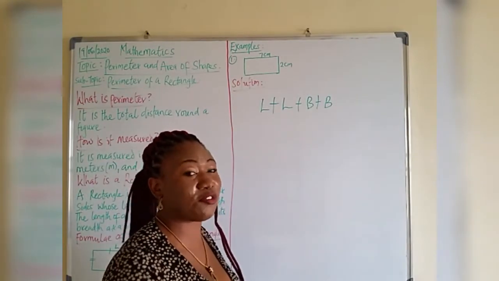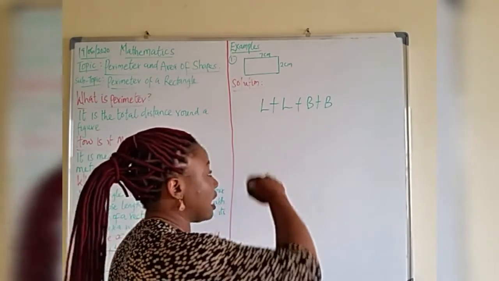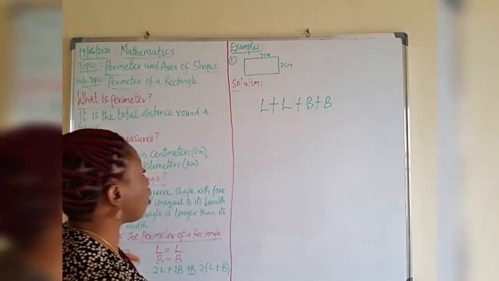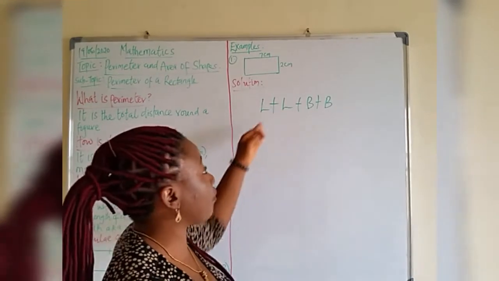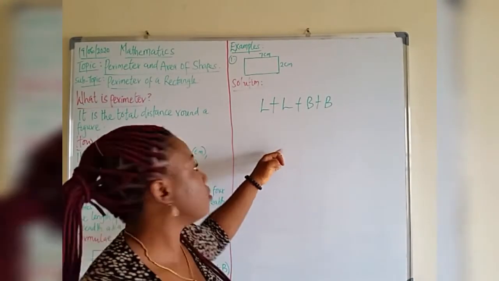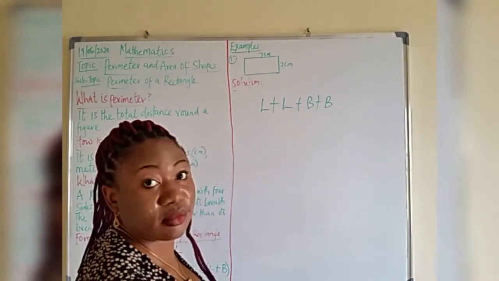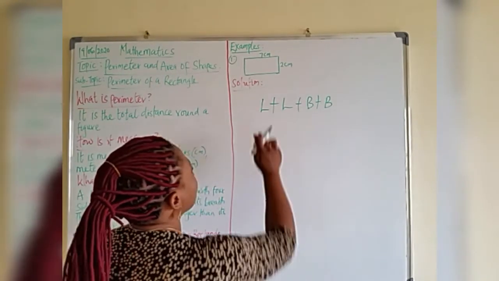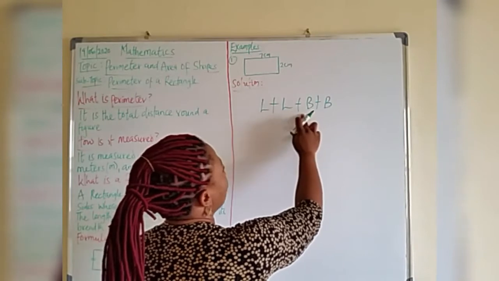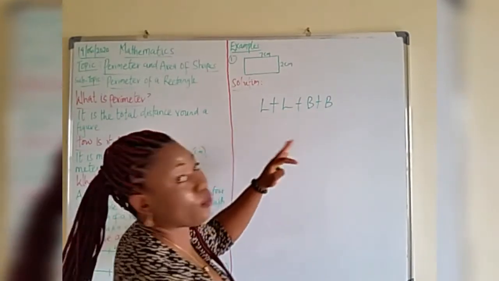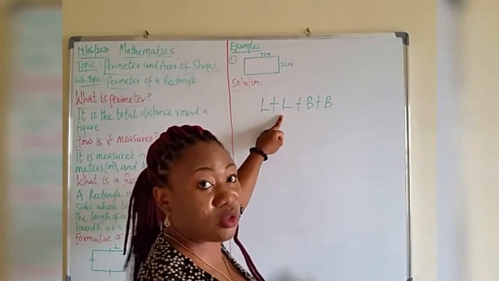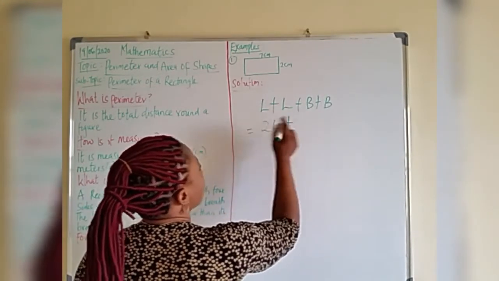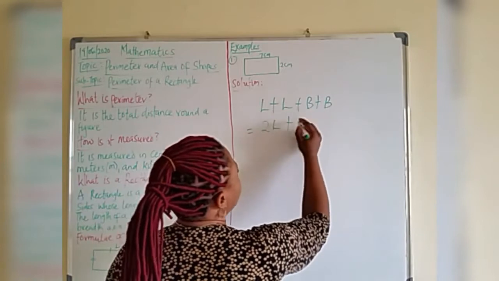To know the total distance round the figure, it means that you need to take cognizance of whatever figure in numbers comes into play in this particular shape, right? So the length plus length plus breadth plus breadth. Now when we're calculating, L plus L is what? Will give us how many L's? 2L. Plus B plus B will give us how many B's?